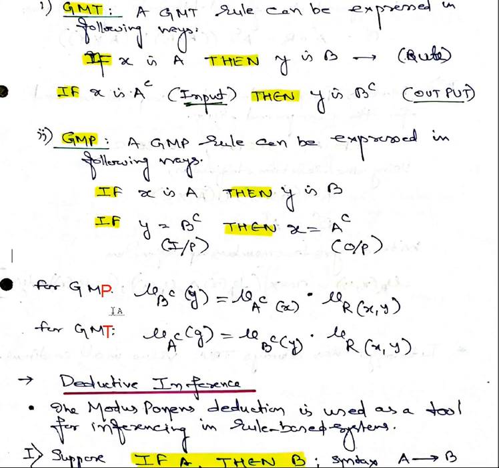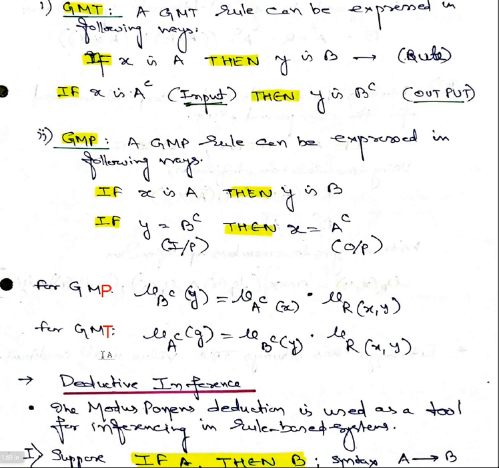So for a GMP case under this segment of the discussion, when we represent it in terms of membership value, the membership value is mu B of the complement of y equals mu A of the complement of x times mu R of x, y.